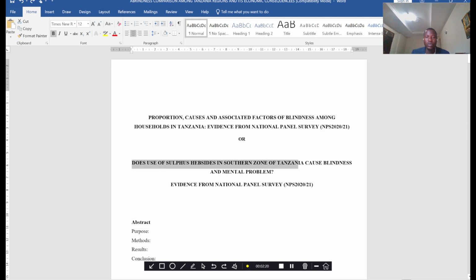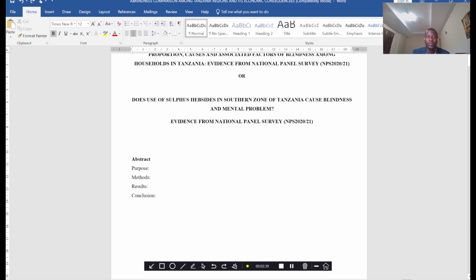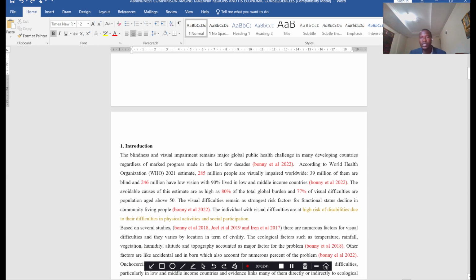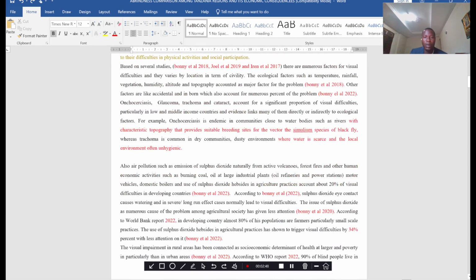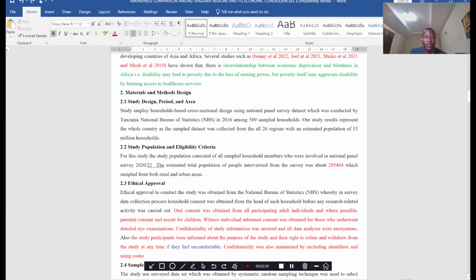We also want to see if this practice leads to blindness and mental problems, based on data from the national panel survey. So this is a skeleton paper. We need to work on it, fill it in, and come up with findings.